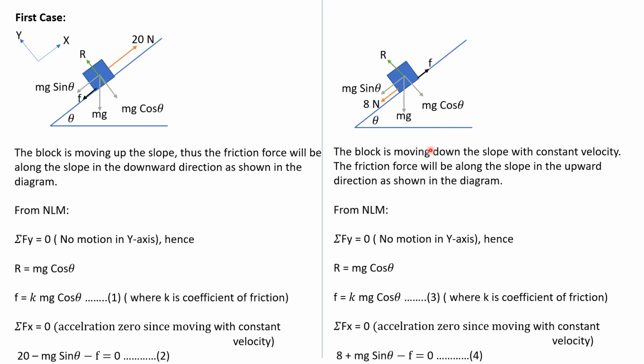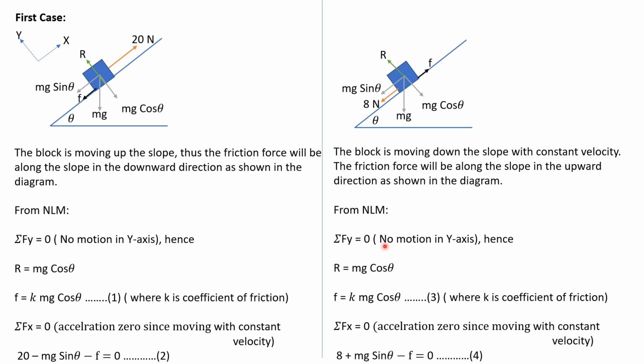The block is moving downward, so the friction force will be acting upward along the slope. And mg sin theta is the component of the weight of the block along the slope.